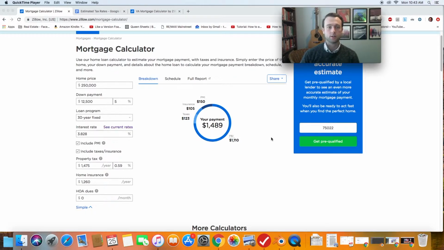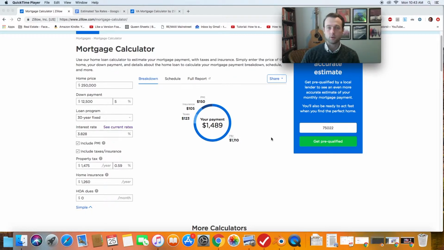Today I wanted to go over a mortgage calculator with you. I've noticed that there are a lot of people out there who don't really have an accurate idea of how much their mortgage payment could be, how low it could be, especially compared to rental prices sometimes.